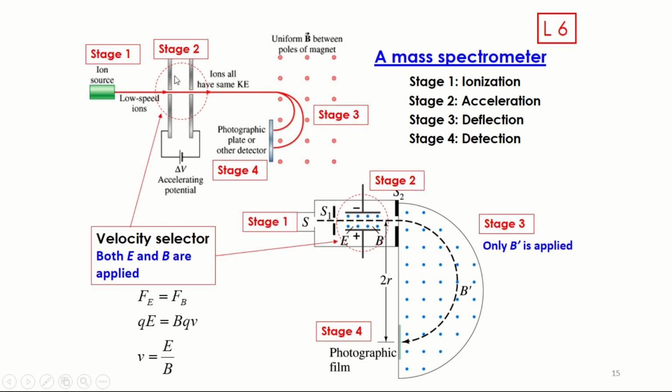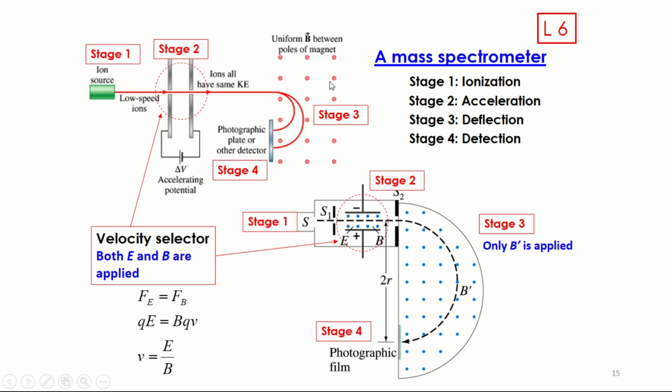So FE equals FB, which means QE equals BQV. So you get the speed or velocity of the ion equals E per B. So the ions all have the same speed E per B.